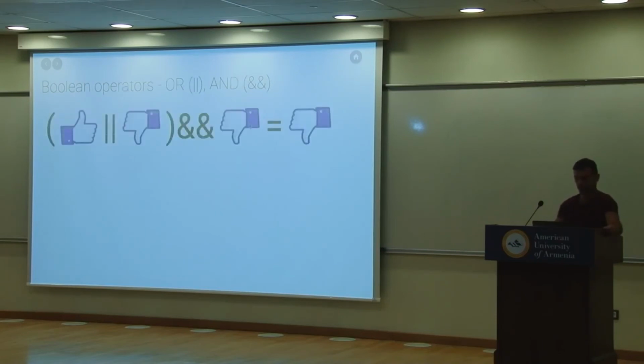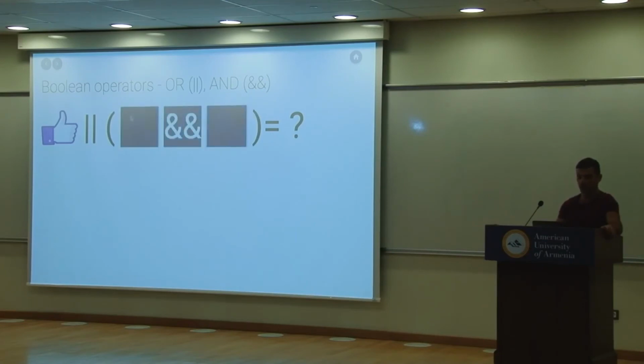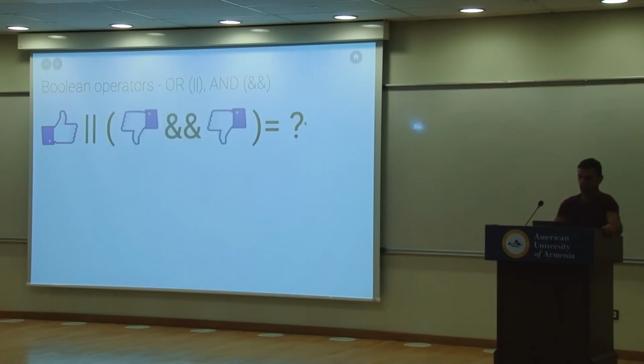False. Cool. What about this one? Okay, so this part is false, right? So it's true or false. Remember, for or, one of the sides has to be true. That's this side. So the answer is true. Yeah?